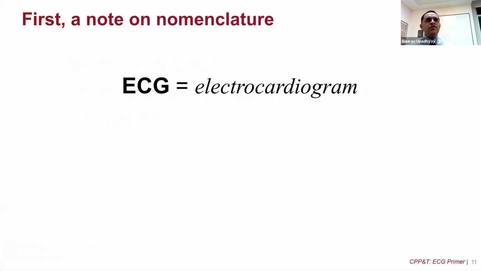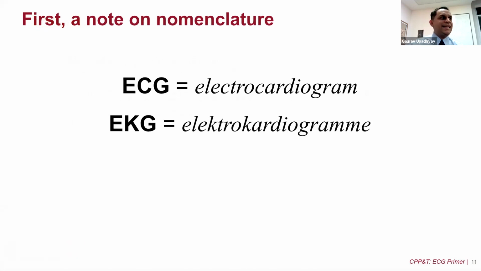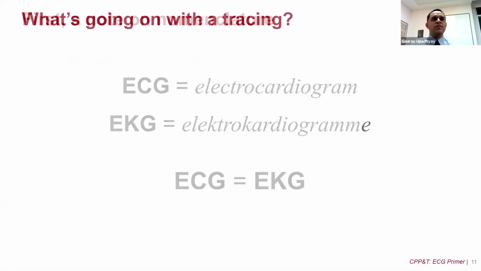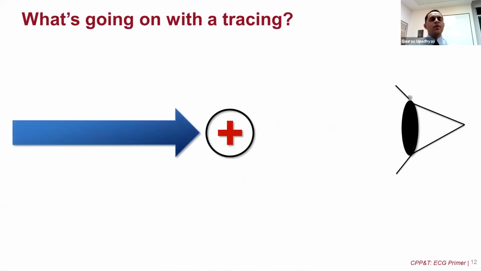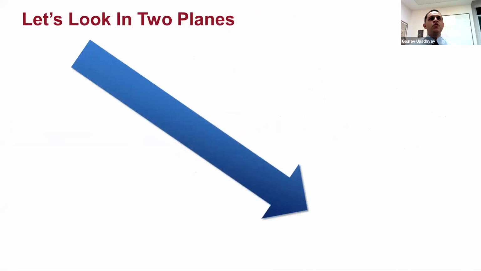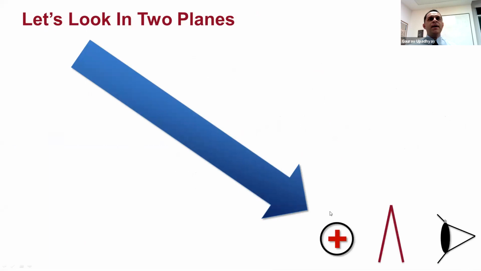A note on nomenclature, some people call it ECG, some people call it EKG. It's both right, ECG equals EKG. So what's going on with the tracing? When a wavefront travels toward a positive dipole, you get a positive deflection. If you're looking in two planes, if your vantage point is here, where the wavefront's traveling towards you, it'll be quite positive. If your vantage point is slightly higher, you'll still see a positive, but it'll be a little bit smaller.